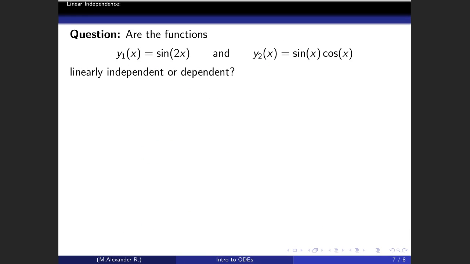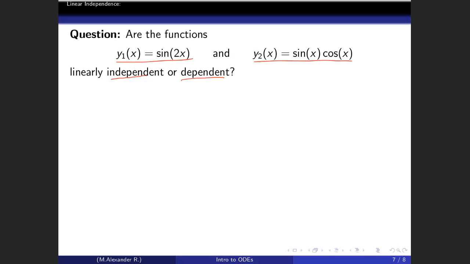Okay, so that's another example here for linear dependence. So now we only have 2 functions, y1 and y2, and the question is still the same. Is the collection of these 2 functions, so now our collection is smaller, linearly independent or dependent?